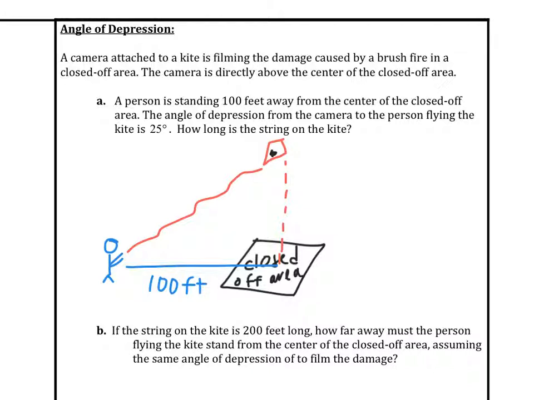It says the angle of depression from the camera to the person flying the kite is 25 degrees. So you have, here's the camera's line of sight basically, right? That horizontal line. From the horizontal line down to the kite string, you have the angle of depression right here.